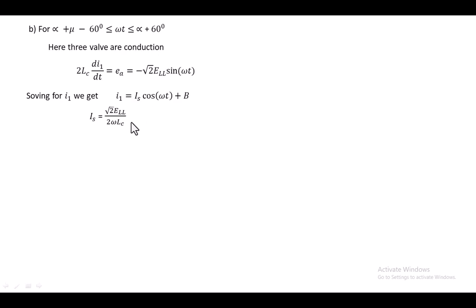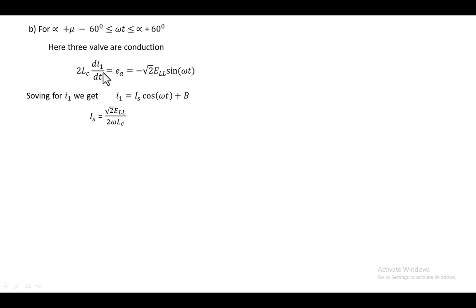In this case, how are we going to find I1? Again we apply KVL, where the output voltage is not equal to 0: 2 LC di by dt equals EA, equal to minus root 2 ELL sin omega t. We already got this expression when we derived the 3 devices conducting case with overlap angle less than 60 degrees.